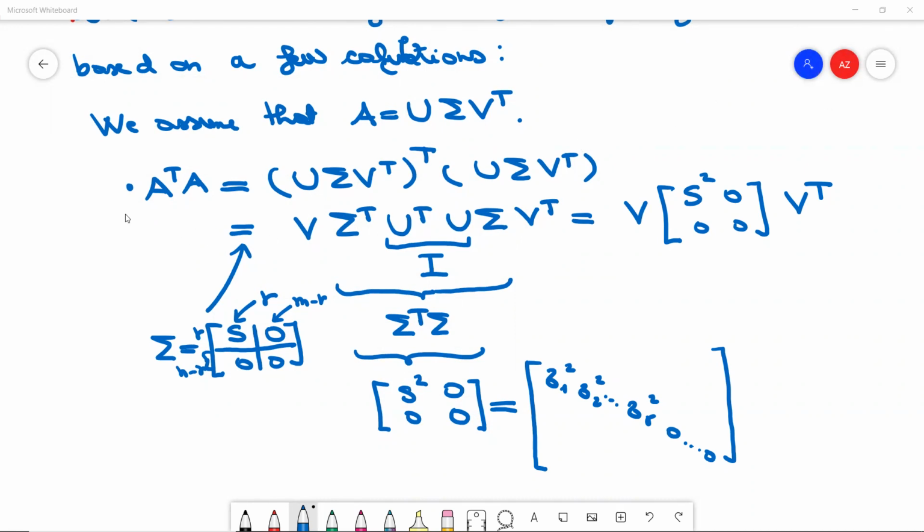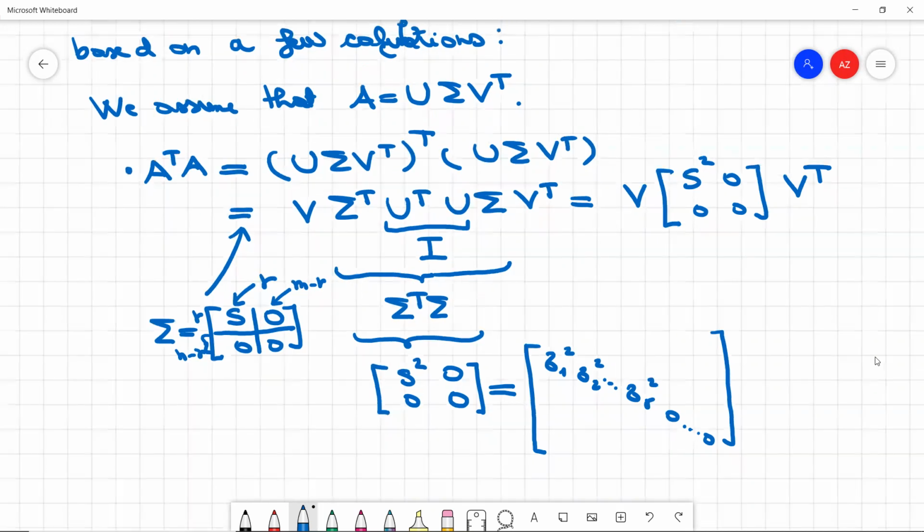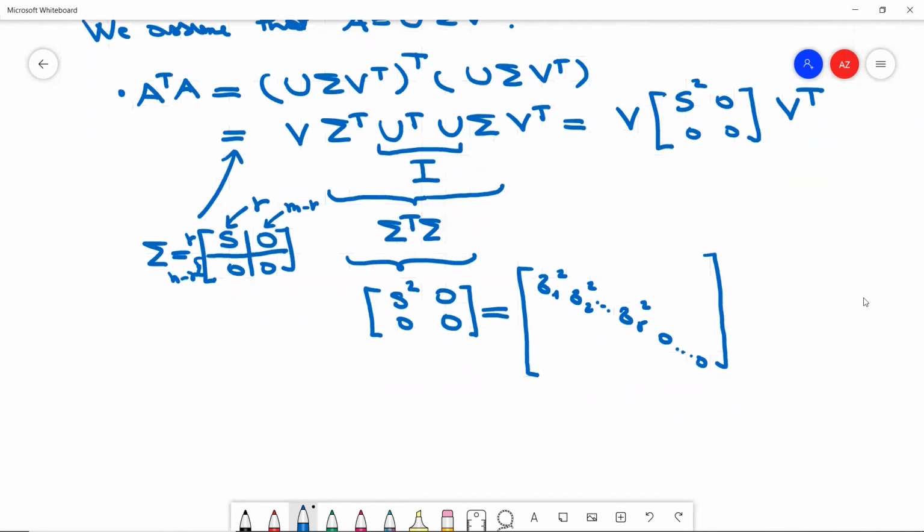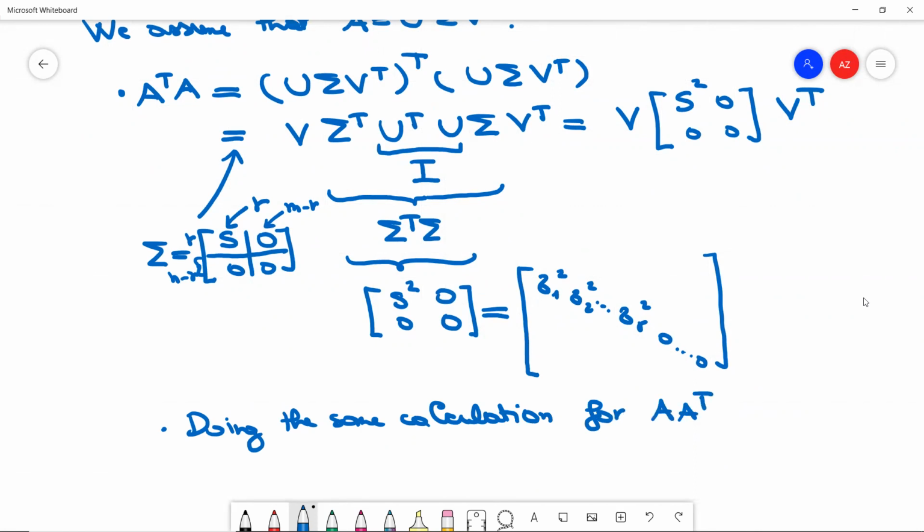So if we do the same calculation in the other direction, for A A transpose, we get U, you can do it by yourself, and then S squared, 0, 0, 0, and U transpose.